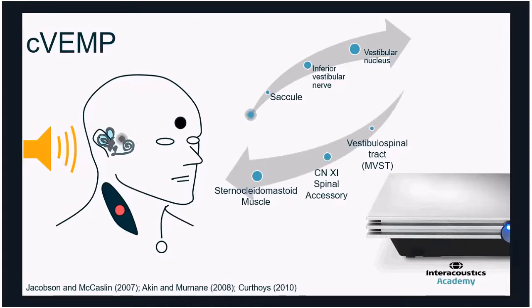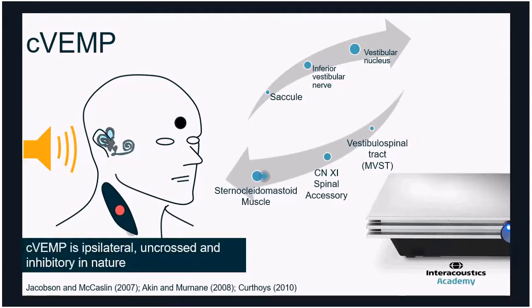So these great rotators do give us a great insight into the saccular function. It's ipsilateral in nature, so if we're stimulating the right side, we're measuring from the right sternocleidomastoid muscle. It's inhibitory, so as we know with cVEMP, we need to get the tonic level of muscle activity sufficiently raised so that we can capture the VCR reflex as it relaxes the muscle myogenically due to the stimulation.